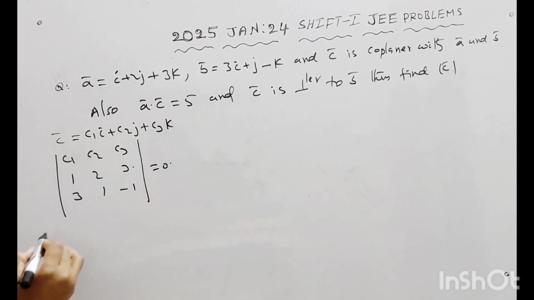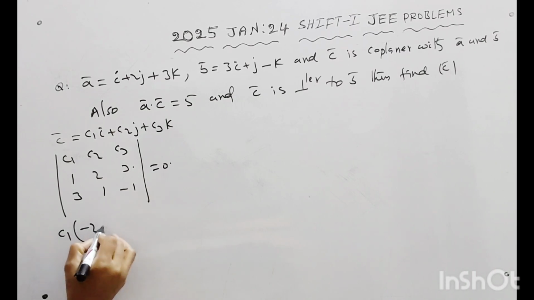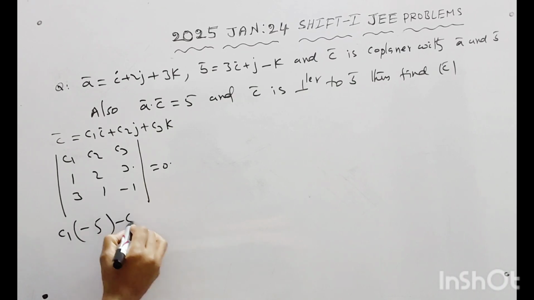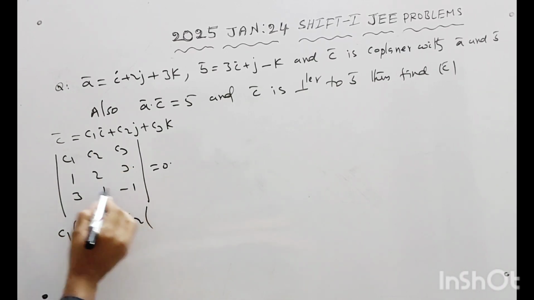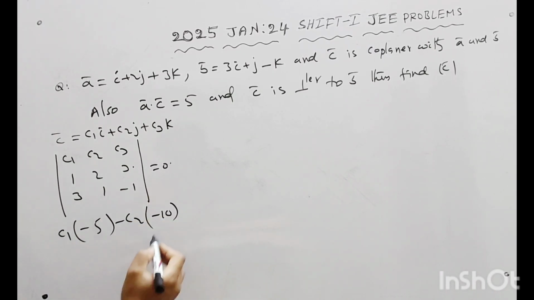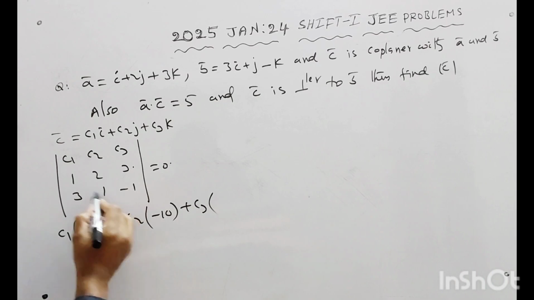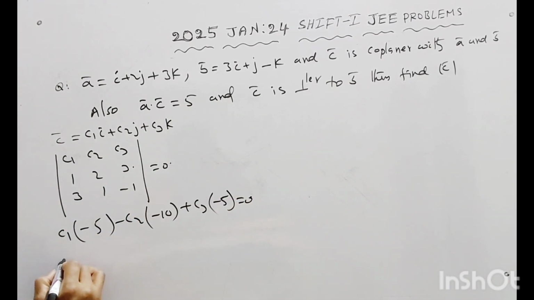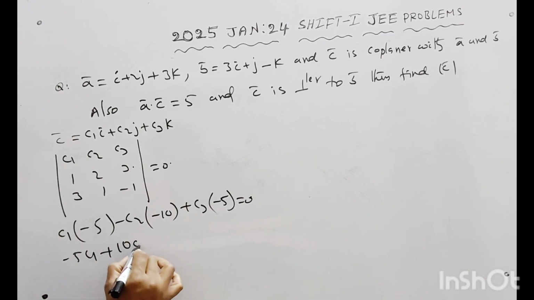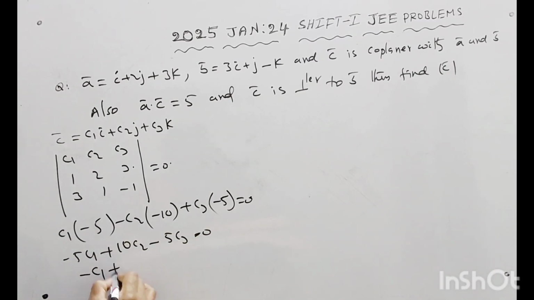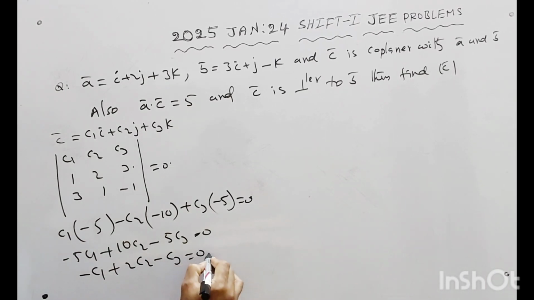Find the determinant: C1 into minus 2 minus 3, that is minus 5, minus C2 into minus 1 minus 9, that is minus 10, plus C3 into 1 minus 6, that is minus 5, is equal to 0. So minus 5 C1 plus 10 C2 minus 5 C3 is equal to 0. Divide by 5 and you get minus C1 plus 2C2 minus C3 is equal to 0. This is equation number 1.